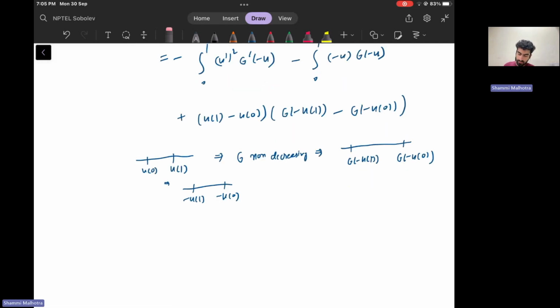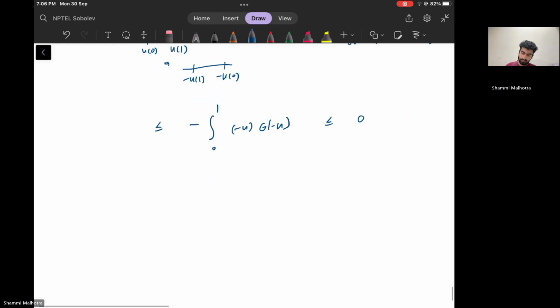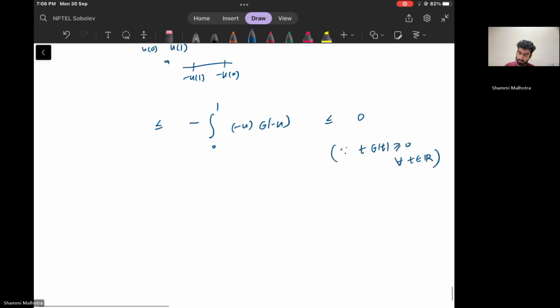So this whole thing has to be less than or equal to minus integration 0 to 1 of minus u times G of minus u, and again that is non-negative. Again, we have G to be increasing, so we can write this as less than or equal to 0 because we know that t times G(t) is always non-negative. When t is negative it's 0, and when t is positive it's always non-negative.